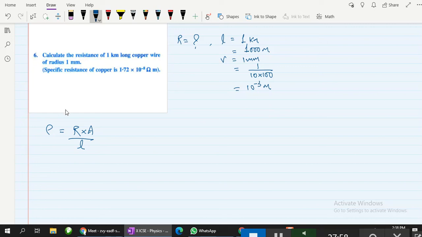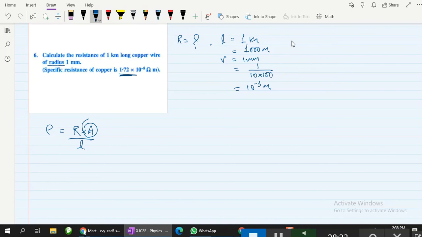For finding the resistance, the specific resistance or resistivity is given. We also have to know the area. Here the radius is given, so we have to find the area. This is a wire whose cross section is circular, that's why the radius is given.